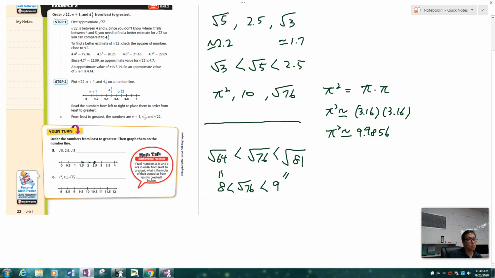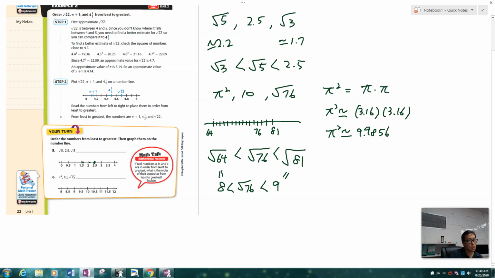So now think about this one on a number line. There is 64, and 65, 66, 67, 68, 69, 70, 71, 72, 73, 74, 75, 76, 77, 78, 79, 80, 81. So that's 76.